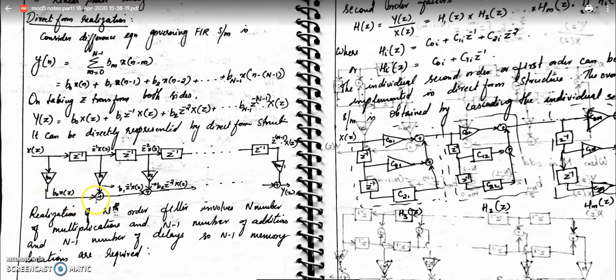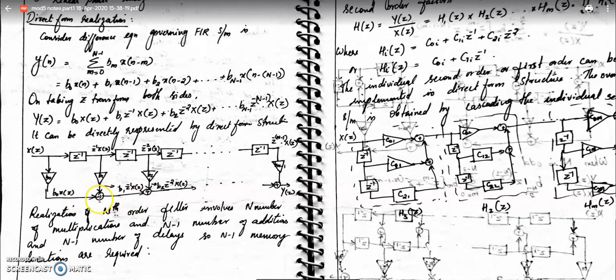Then we need z inverse x of z. For that, we need a delay unit. After going through this z inverse, x of z becomes z inverse x of z, and that is multiplied with b1 and added with b0 x of z.